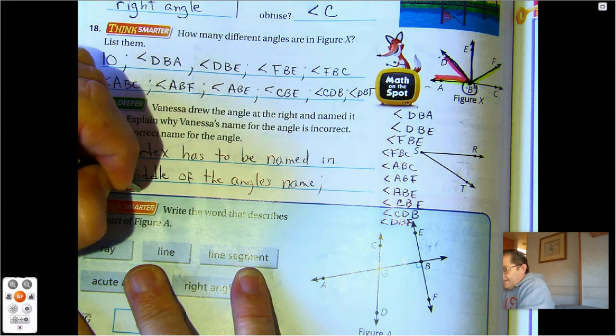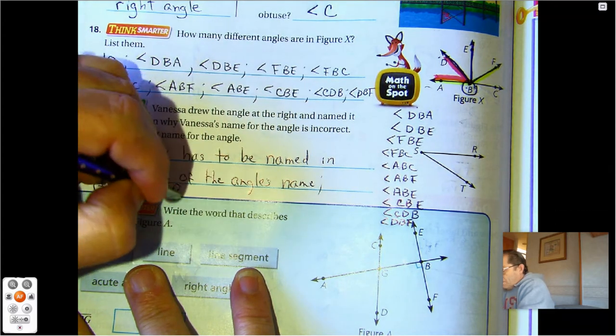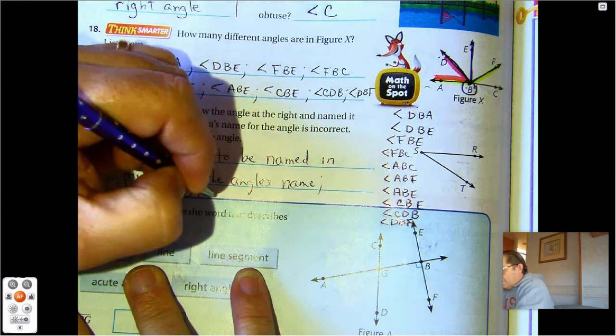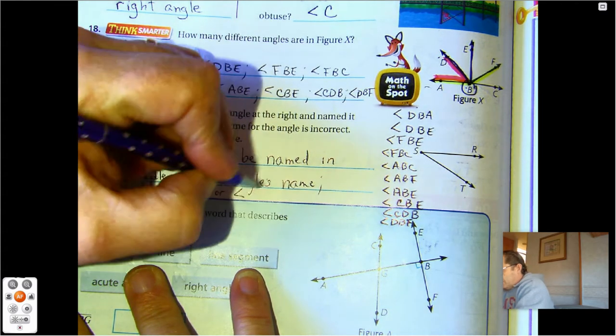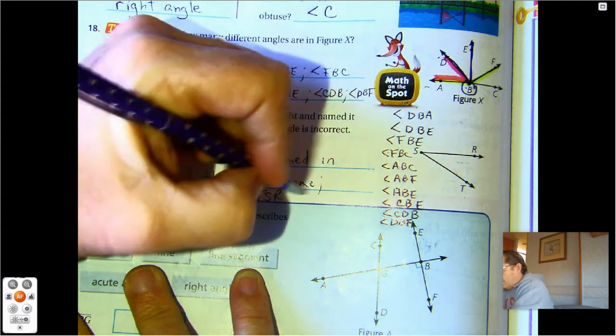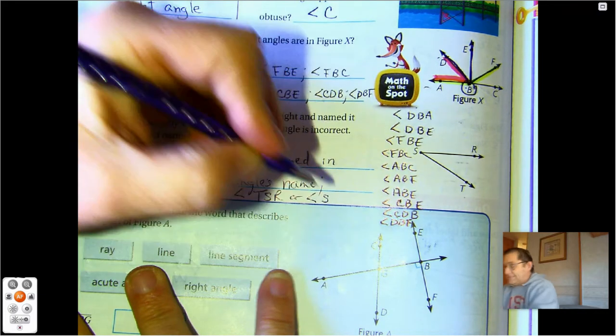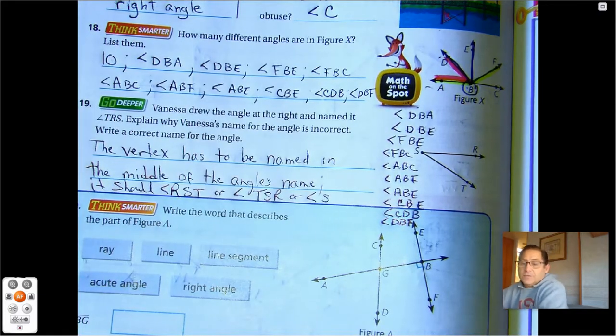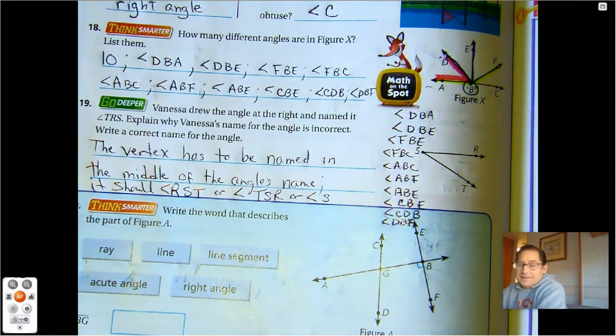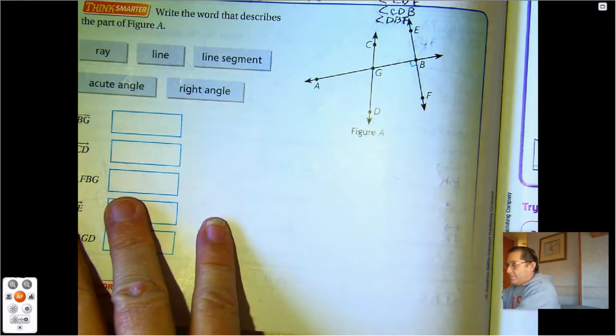So it should be RST or angle TSR or angle S. Okay, R is not in the middle. Okay, you can't put R in the middle of the angle.